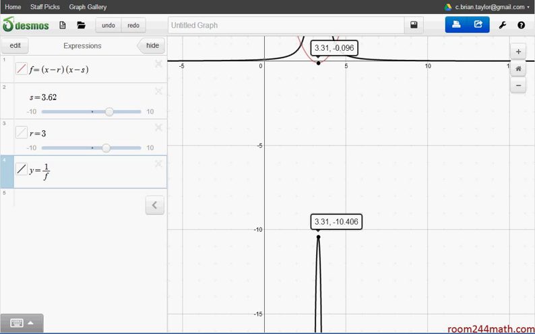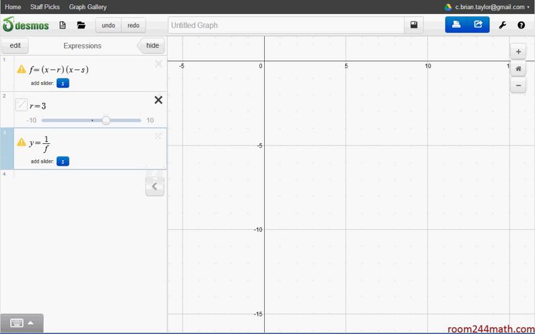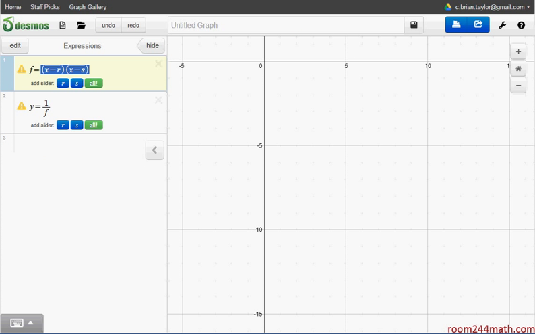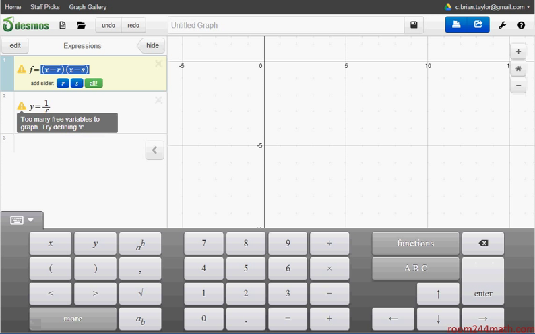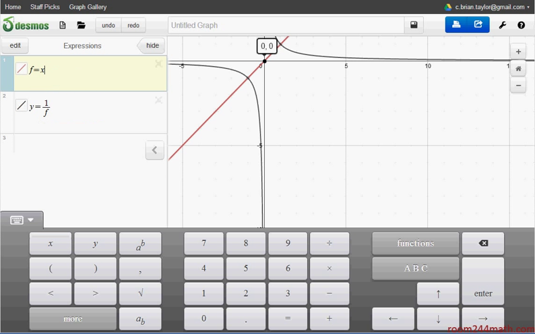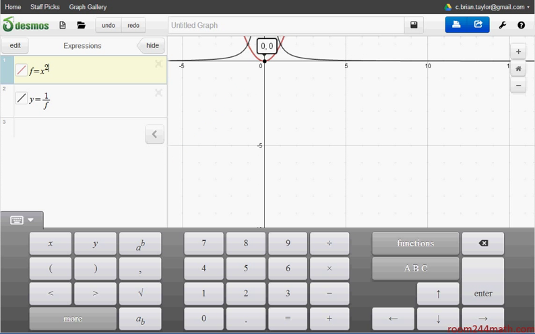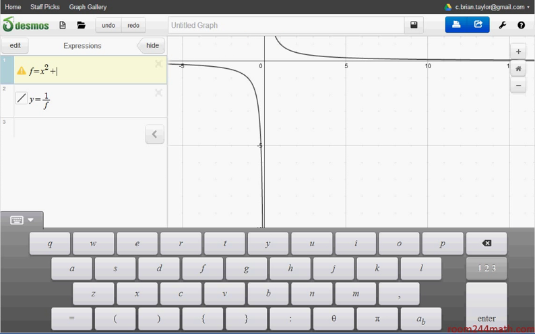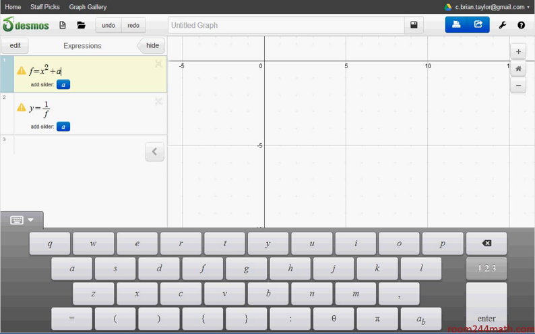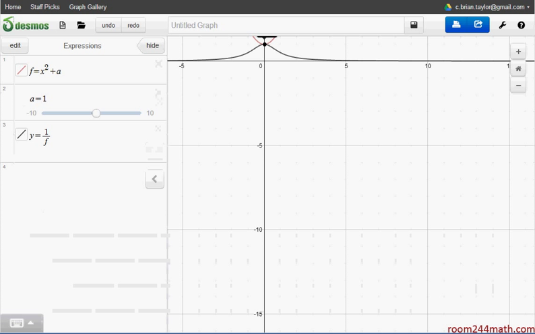All right, so now let's take a look at the final case, which is when the quadratic doesn't cross the x-axis at all. And for that, we're going to have to take a look at a different way of writing the quadratic. So I'll define this as, let's say, x squared plus some value, a, and I'll add a slider there for a.